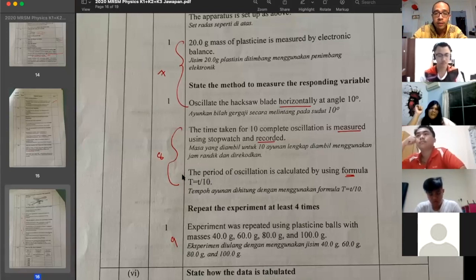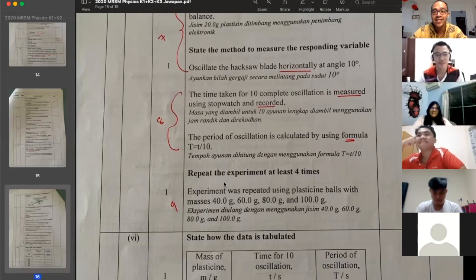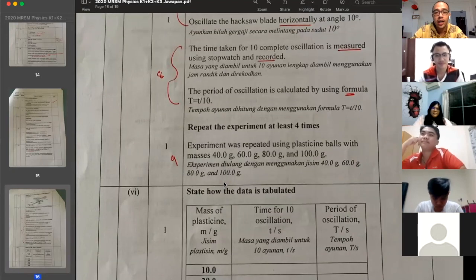So if you don't write that the period of oscillation is calculated using the formula T equals T over 10, then usually if we see this, we will say, okay, this is probably an A student, not really an A+ student, because the A+ students will remember all these kinds of things. They remember nonsense steps like this that are unnecessary, but will give them the A+.